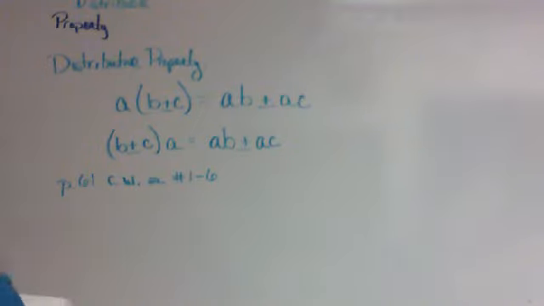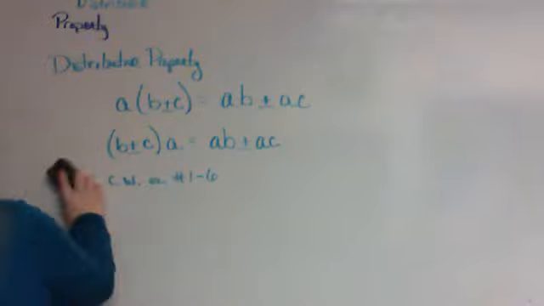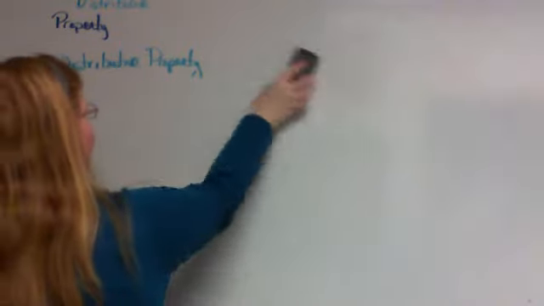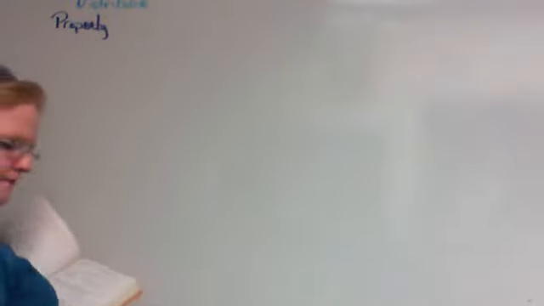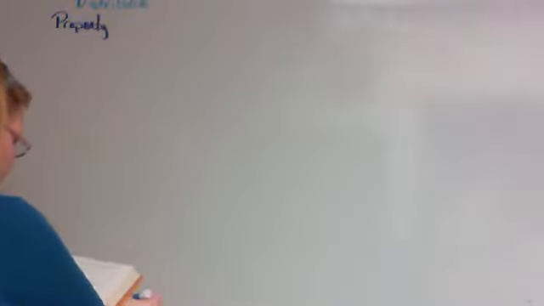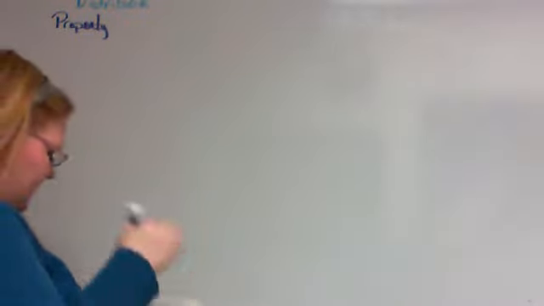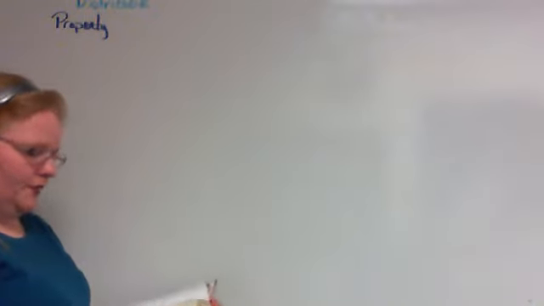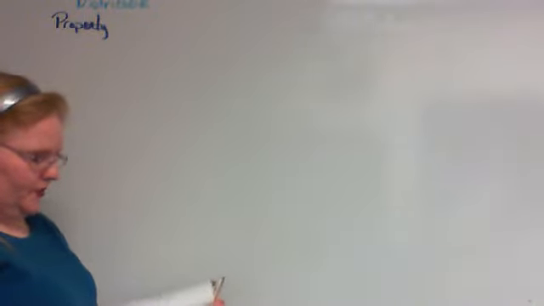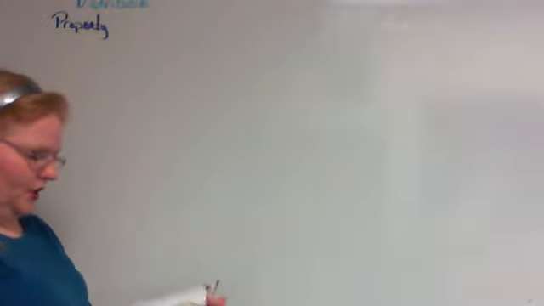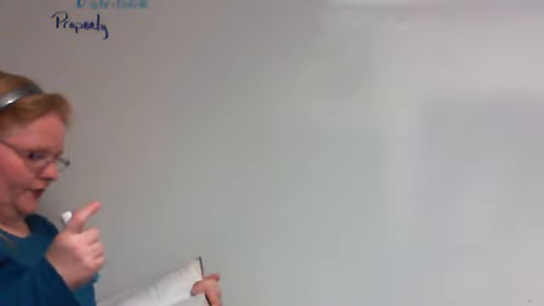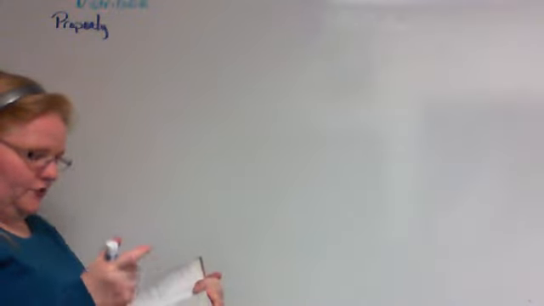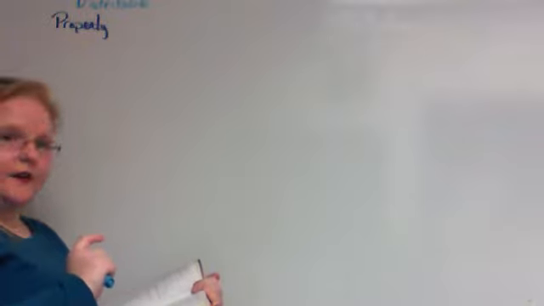Okay, so for 1 through 6, number 1, it says 3 plus, then it's got the bracket 5 plus negative 2 is equal to 3 plus 5 plus negative 2. What changed from one side to the other? Well, the bracket went from being around the 5 and the negative 2 to being around the 3 and the 5.